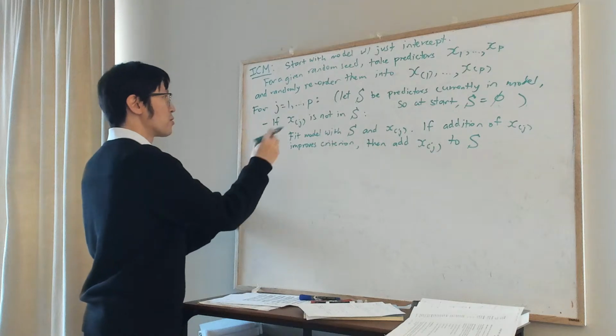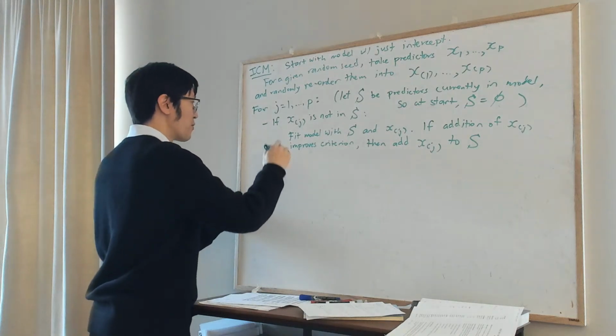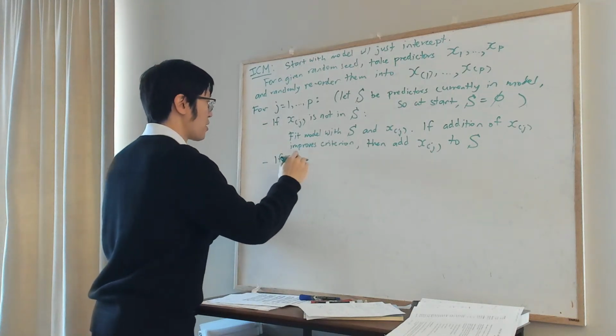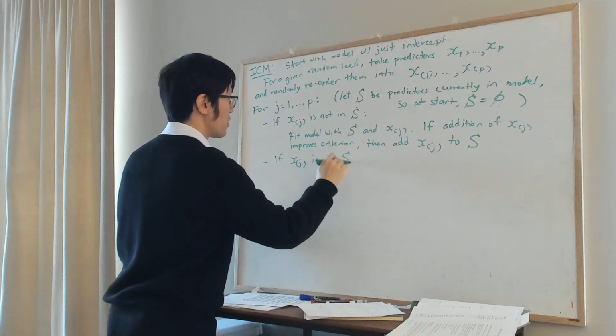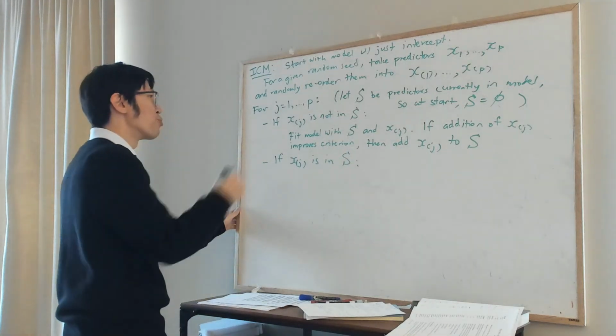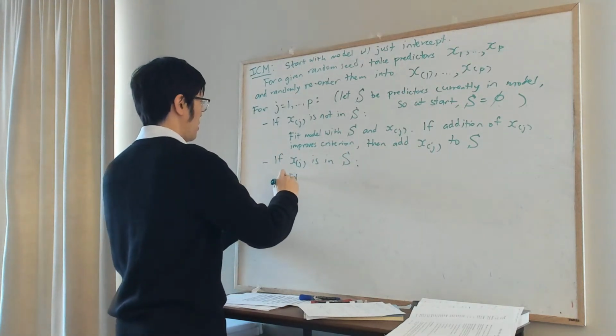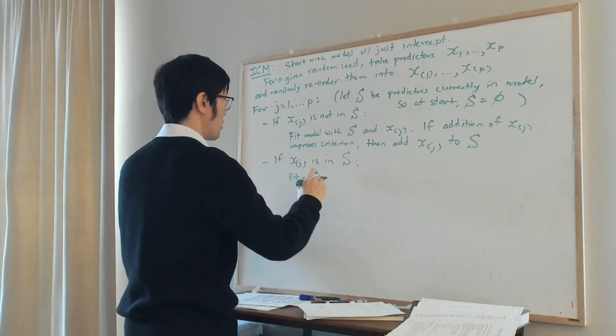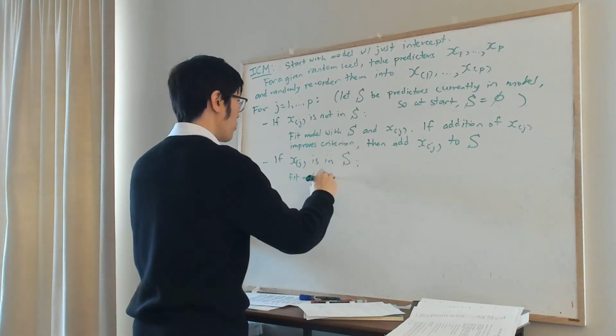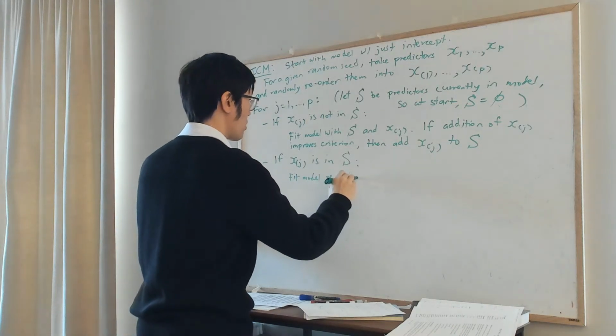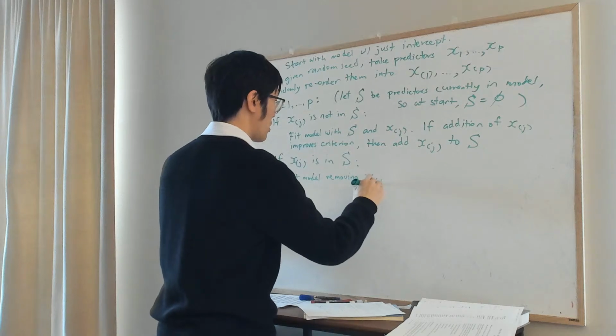Okay, so if the variable is currently in S, then let's try removing it. So fit the model removing xj.